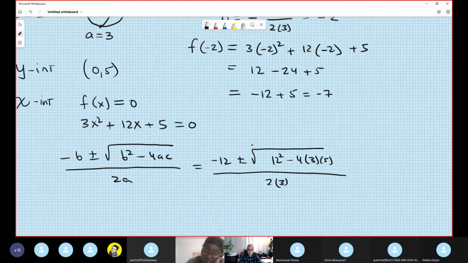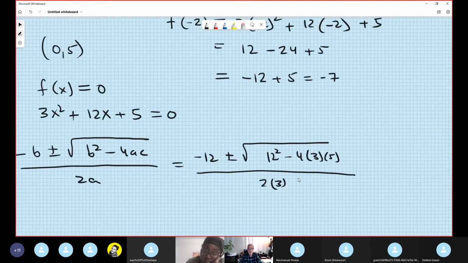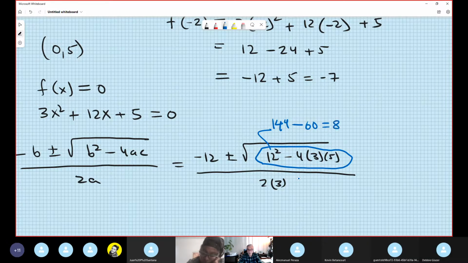Okay, super. As always, we focus on the expression inside the radical. We compute 12 squared, 144, minus something: minus 60, because 4 times 3 is 12, times 5 is 60. Subtracting, it is 84.